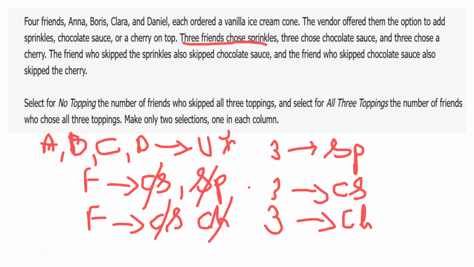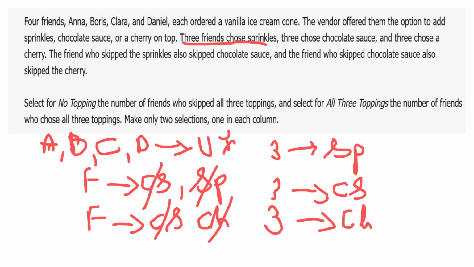Now coming to the question, what does the question ask? Select for no topping the number of friends who skipped all three toppings, and select for all three toppings the number of friends who chose all three toppings. Make only two selections, one in each column.